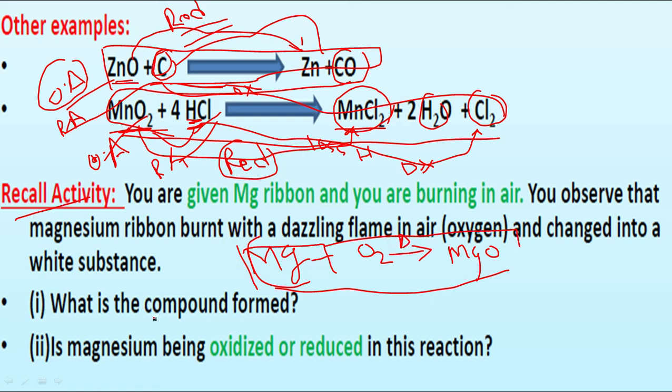The question is, what compound is formed? Here the compound is magnesium oxide. And is magnesium being oxidized or reduced? You can directly observe that addition of oxygen is taking place. Whenever there is an addition of oxygen, the substance is getting oxidized, meaning it is undergoing the oxidation process. So I think you have already understood redox reaction. Thank you, class.